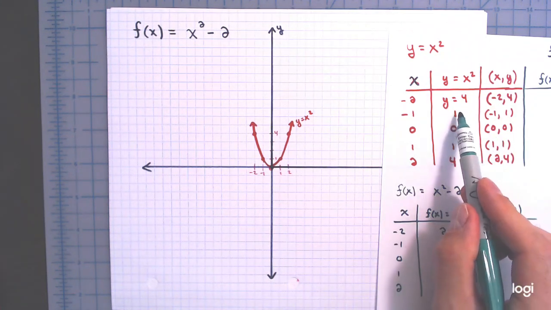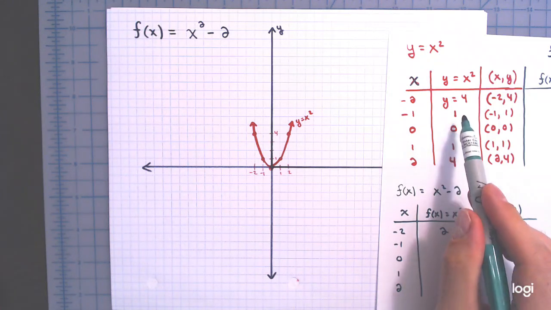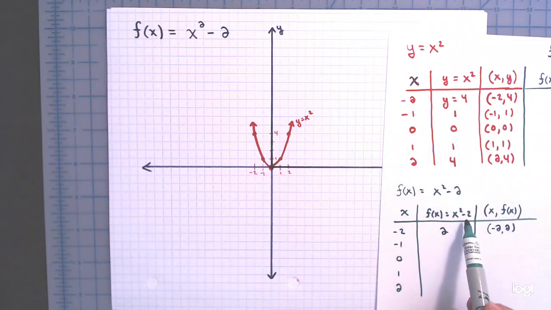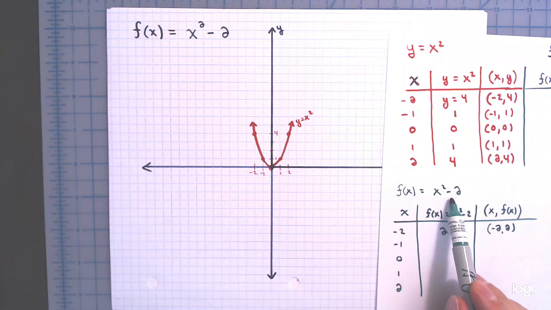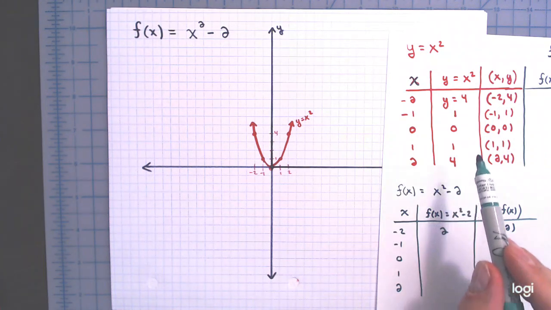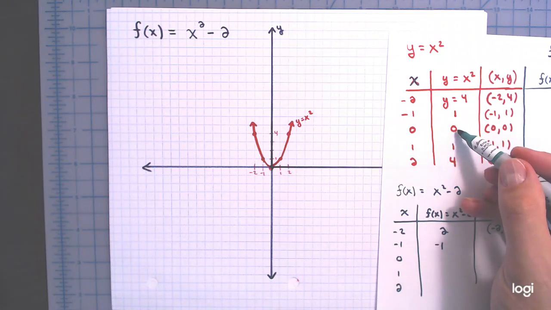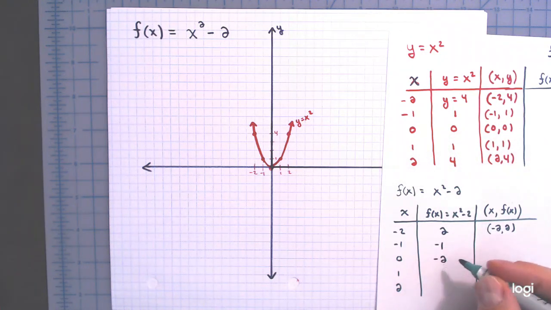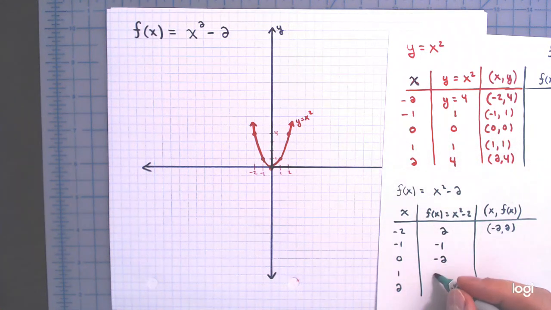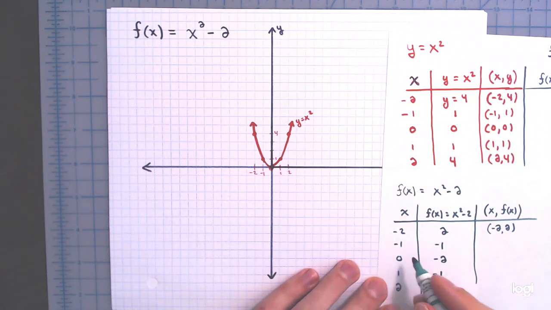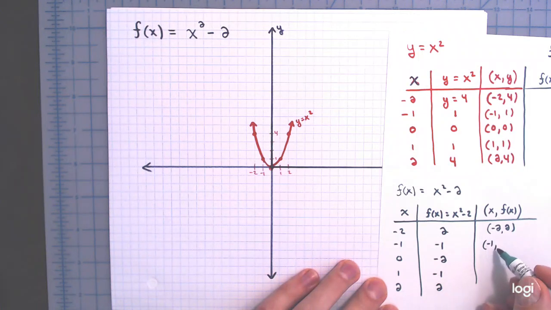Then again, all I'm doing is taking these original y coordinates from y equals x squared and subtracting 2 from them. So 1 minus 2, -1. 0 minus 2, -2. 1 minus 2, -1 again. 4 minus 2, +2. And then the ordered pairs I'd be plotting: -1, -1, 0, -2, 1, -1, and 2, 2.